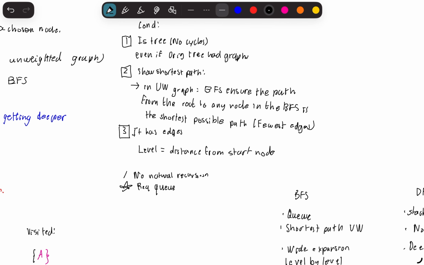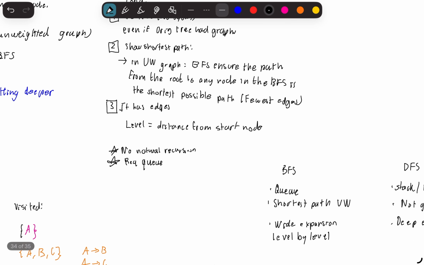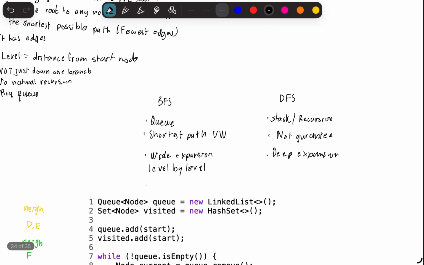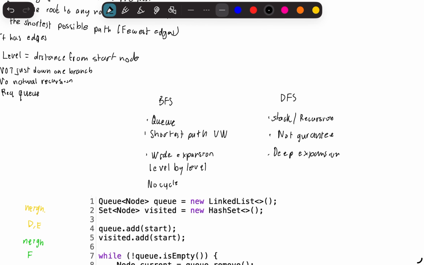Very important, it needs a queue to work. It doesn't go down one branch. So we have no cycles, add that to this list, shortest path, and level structure.